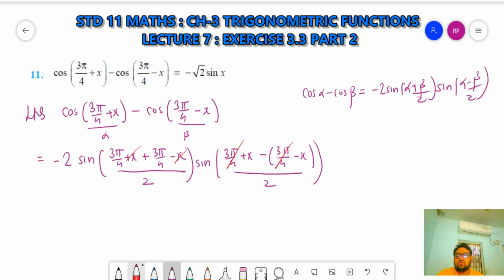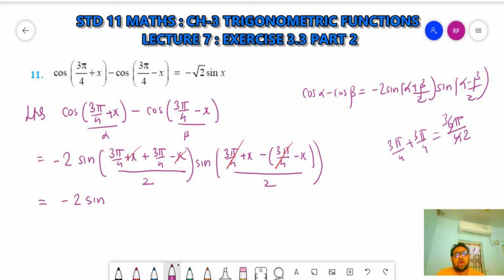In the second, 3 pi by 4 minus 3 pi by 4 cancels, because minus minus will be plus x. Clear? So this will be equal to minus 2 sine of (3 pi by 4 plus 3 pi by 4). That will be 2 times 3 pi by 4, which is 3 pi by 2, so 6 pi by 4.